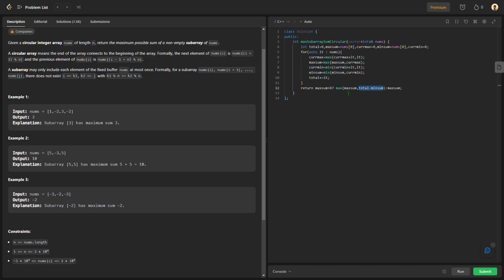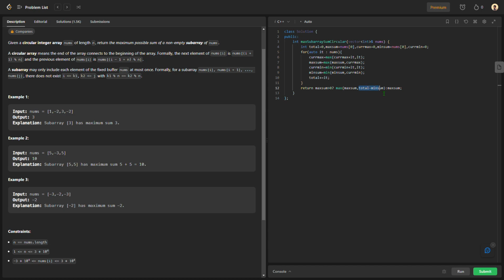Right now I have my min sum occurring in a circular fashion, and that is why I am returning my 3, which occurred in a linear fashion. If my maximum had occurred in a circular fashion, then my min sum would have occurred in a linear fashion.